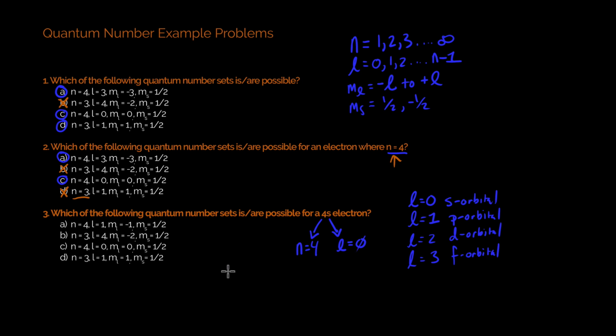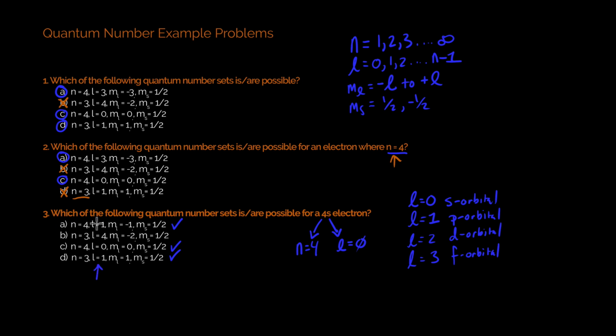So even though in question 1 we said that this was an acceptable answer choice, this was acceptable, and this is acceptable, now we know for this specific example of a 4s electron that we do need to look at this column of L values carefully and see that A has L equal to 1.